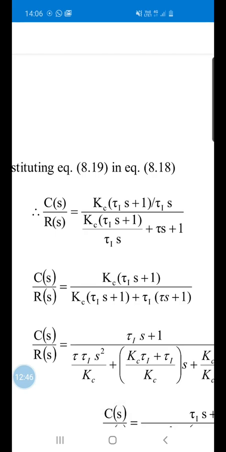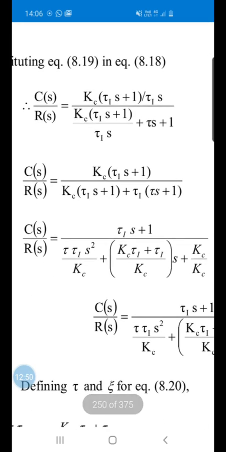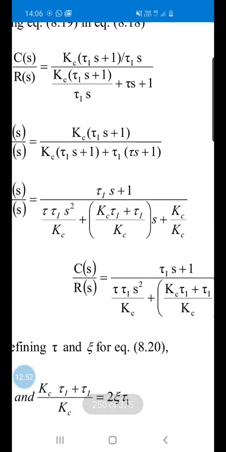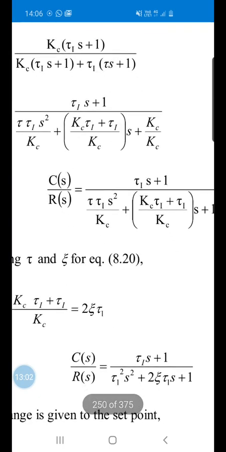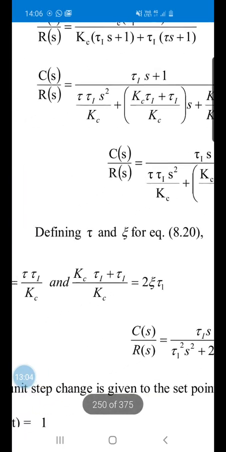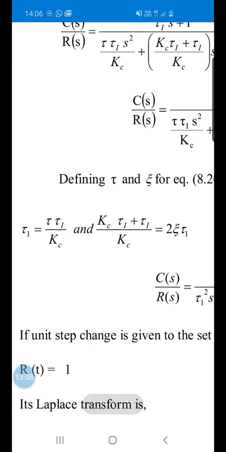If you see, it is not a first order term, it is becoming second order, because there is s square, there is s, and there is a constant term. So you will get the equation in terms of s square plus s plus constant, similar to a second order system.